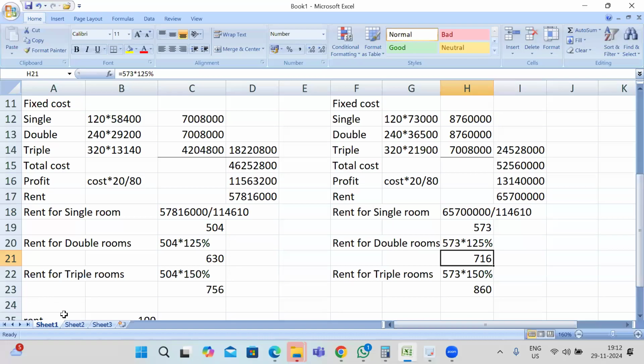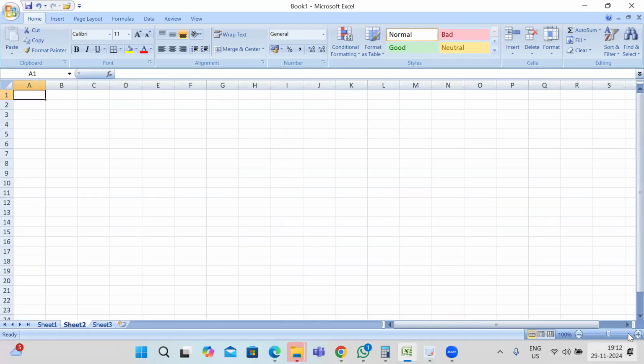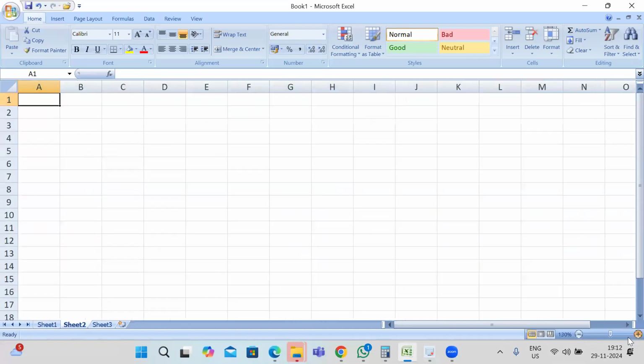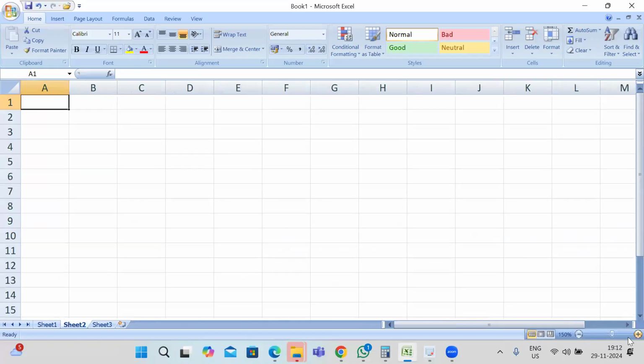So let's prepare the contract account now, for the year ended 31st March 2023. So we have debit and credit everything.